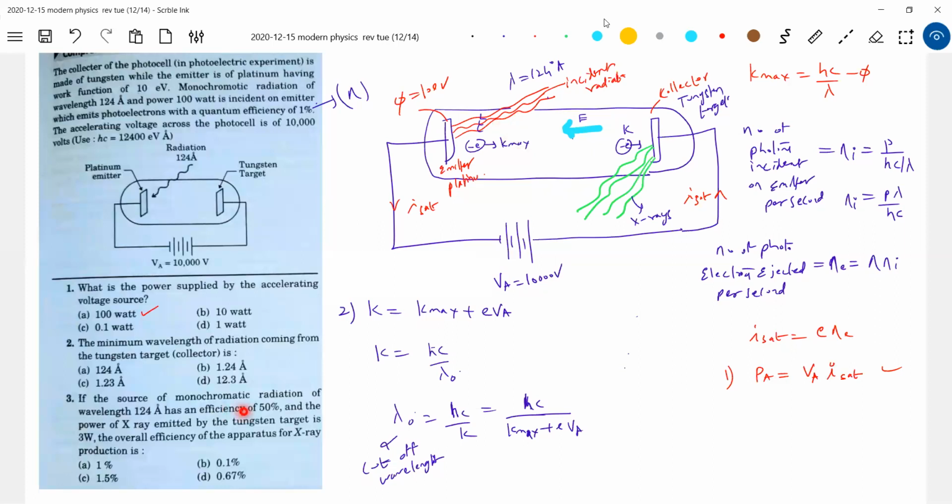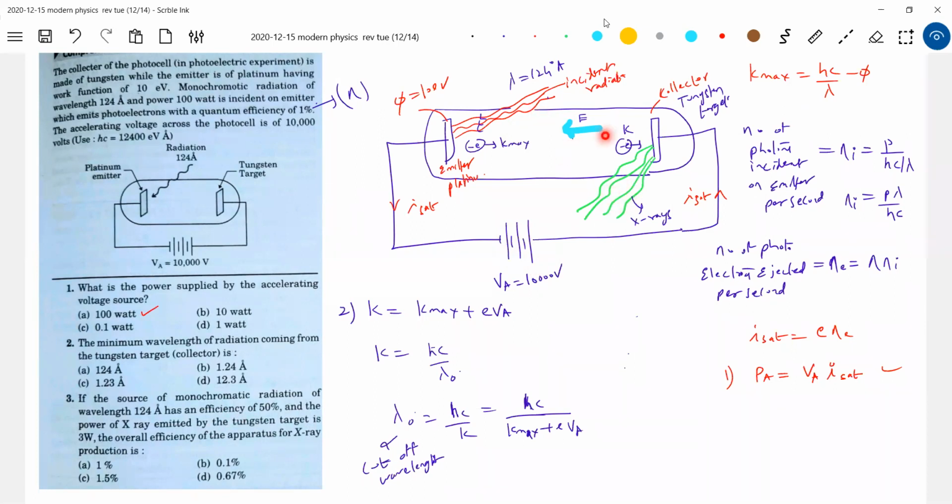It's not a 50%, it's an efficiency of 50%. And the power of X-ray emitted by the tungsten target is 3 watt. What is the power of the source? Okay, that already we know. Power of exciting potential is 100 watt. 3 watt is what is available here.